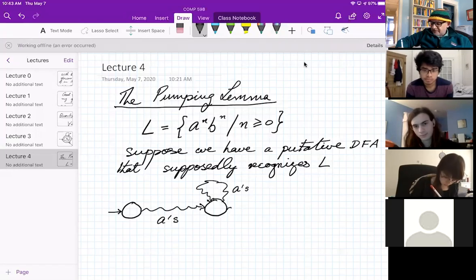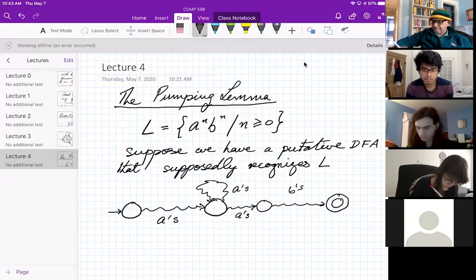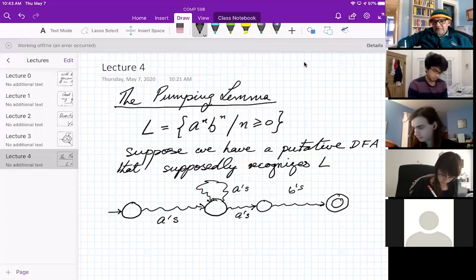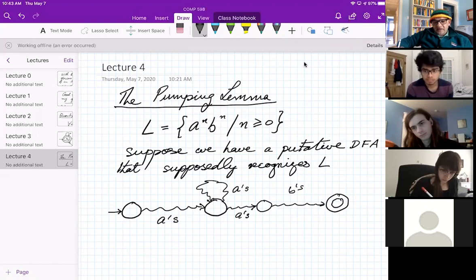Then maybe I'm still reading some A's, and then I reach some state, and then I start reading B's, and finally I reach an accept state. Supposedly, this string has been accepted because it has an equal number of A's and B's. But if I look at this loop, I'll say, well, if I could go around that loop once and end up back here and read the rest of this string and get to an accept state, why can't I go around the loop twice?